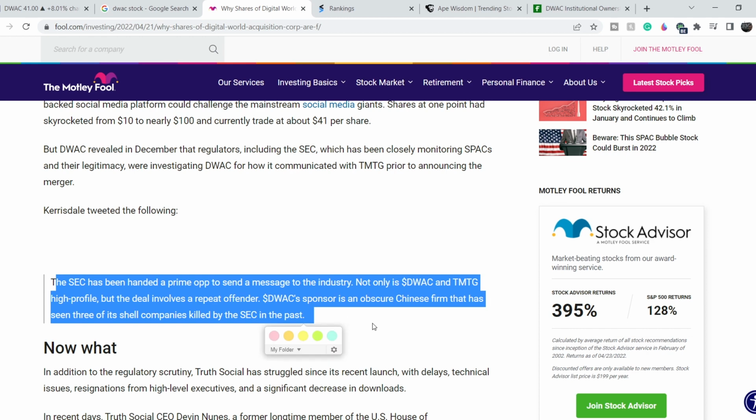Not only is DWAC and TMTG high profile, but the deal involves a repeat offender. DWAC's sponsor is an obscure Chinese firm that has seen 3 of its shell companies killed by the SEC in the past. And definitely, because of this report, a lot of investors just paid their attention to this stock.